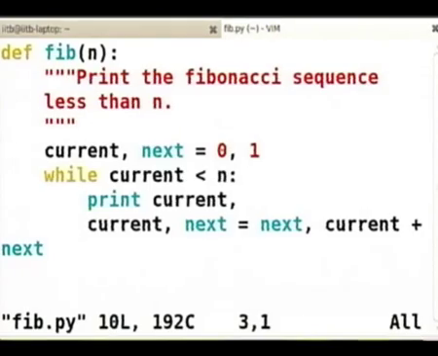So I want you to now modify this code, take 5 minutes, and return a list of the numbers that are in the Fibonacci sequence less than n. So I will change the doc string.